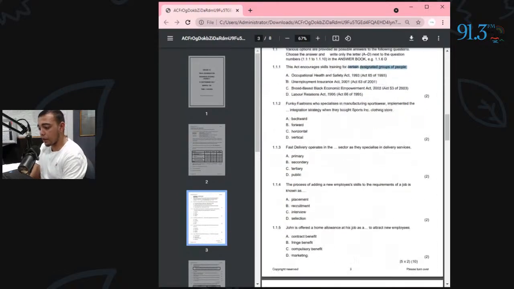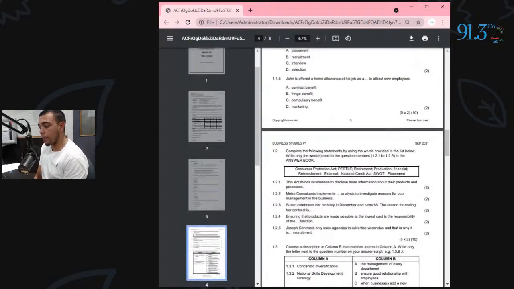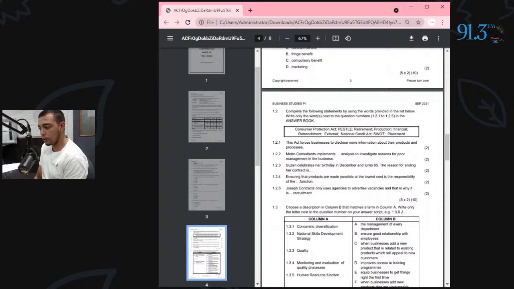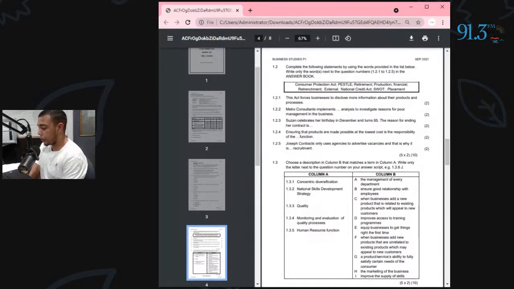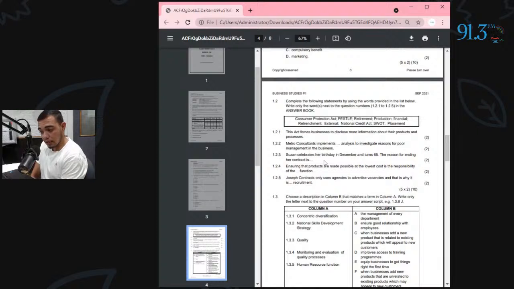Funky Fashions, who specializes in manufacturing sportswear, implemented the what integration strategy when they bought Sports Inc. clothing store. So now we know that we are looking at the integration strategy. So what do we highlight here? We just look for a moment.